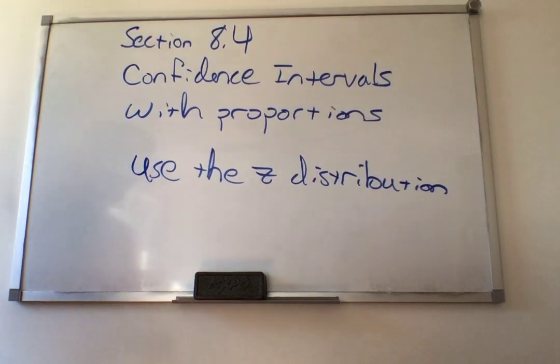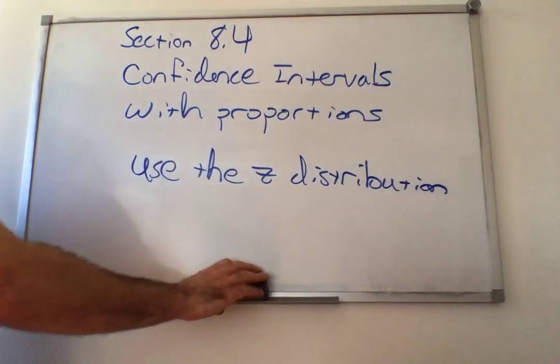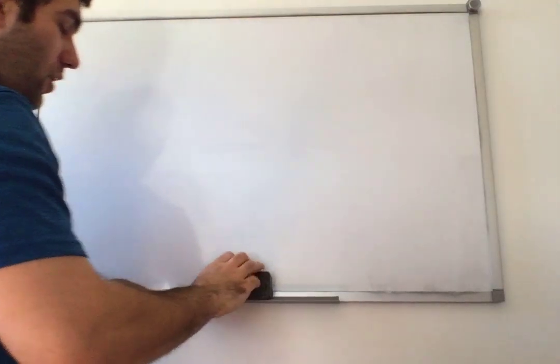Now, let's go ahead and talk about how you know when you're dealing with a proportion. If you look at my notes, you can read along with me. How do you know you are dealing with a proportion problem? First, it will be a binomial distribution, okay? Since it's a binomial distribution, when you take large enough trials, the distribution becomes approximately normal.